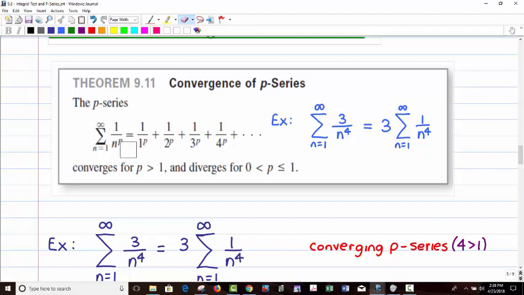No, you would treat the p as whatever the power is in the denominator. And for the series 1 over n to the p, it will converge if p is greater than 1 and diverge if it's somewhere between 0 and exactly 1. So n to the first power, 1 over n, will diverge.